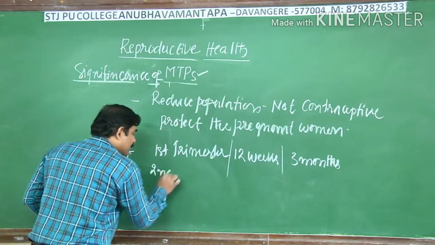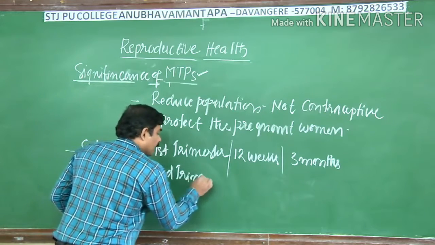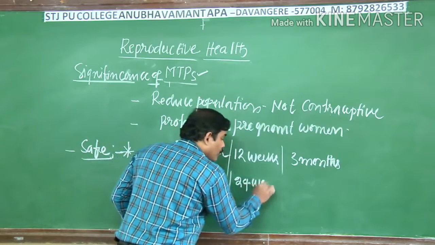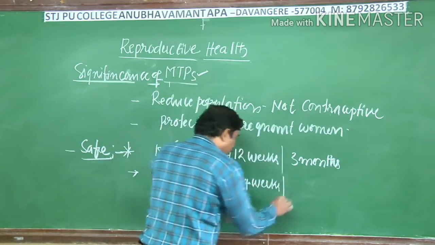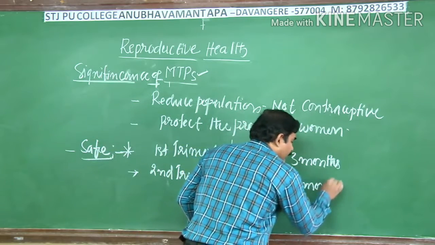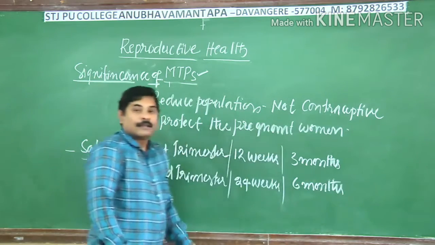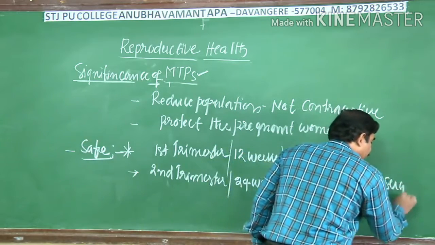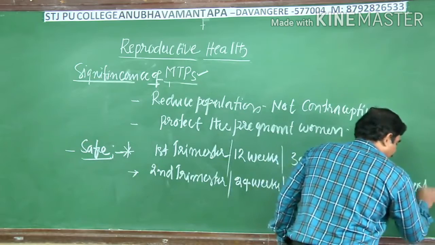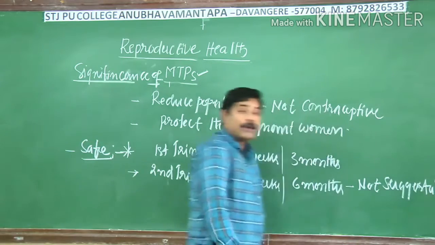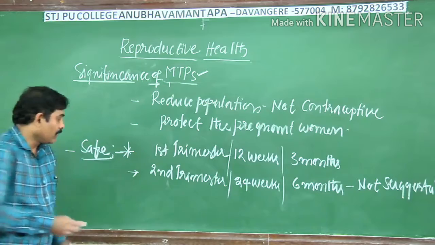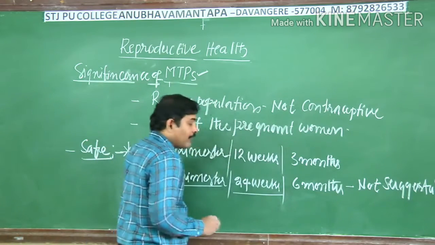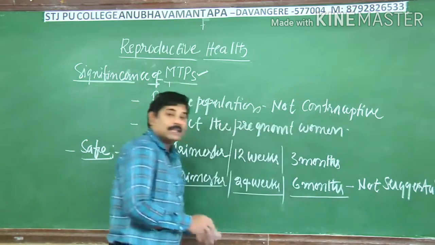In the second trimester, almost all 24 weeks later or 6 months later is not advisable at all. Going for termination or abortion after 24 weeks or 6 months is dangerous to a woman.